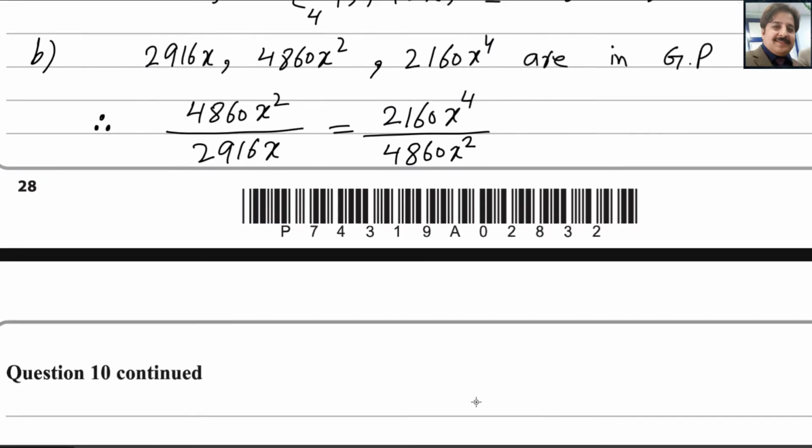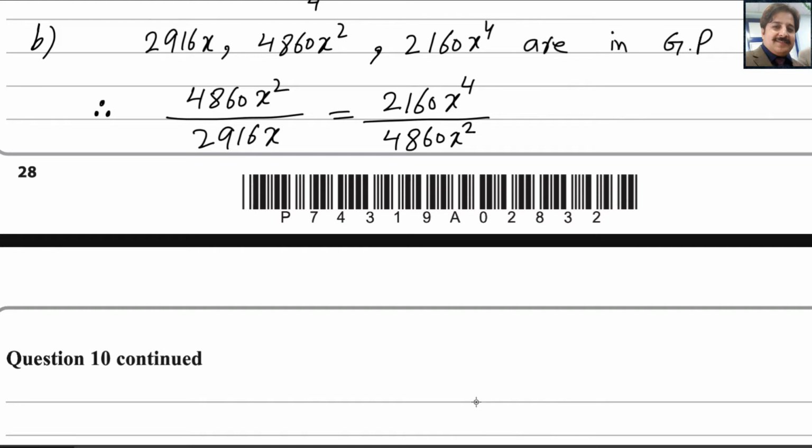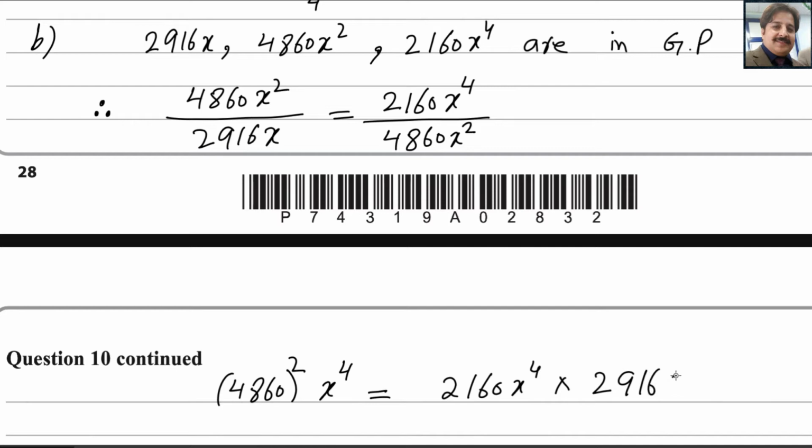Now we have to solve this. We will cross multiply, or you can simplify; it is up to you how you want to solve. Better you do cross multiplication. So 4860 squared times x⁴ equals 2160x⁴ multiplied by 2916x.